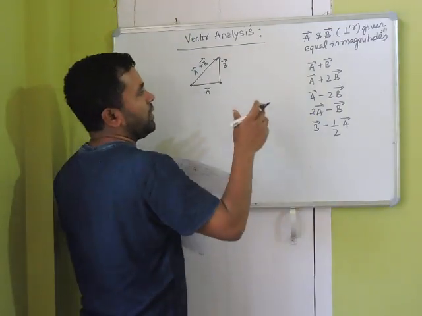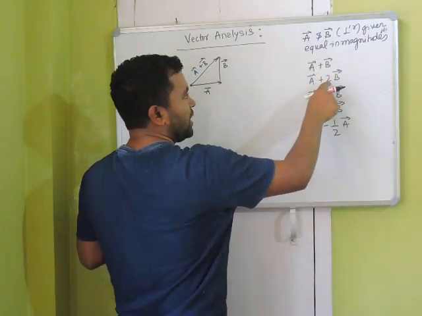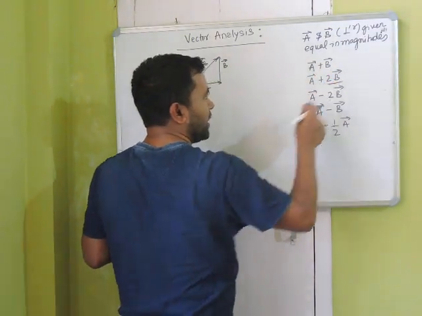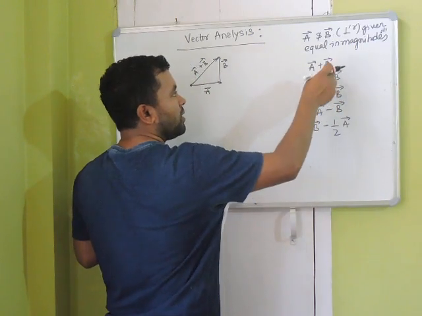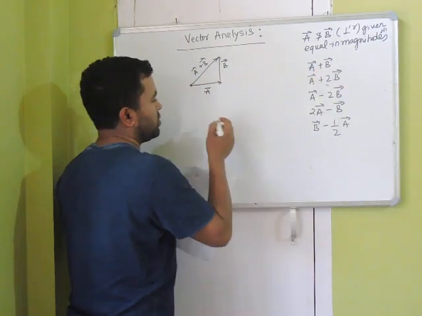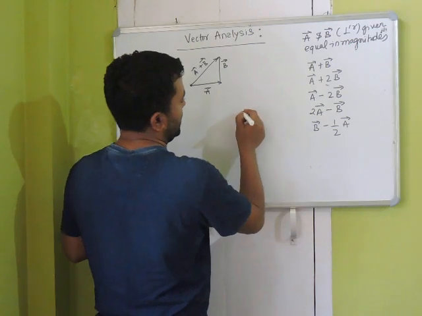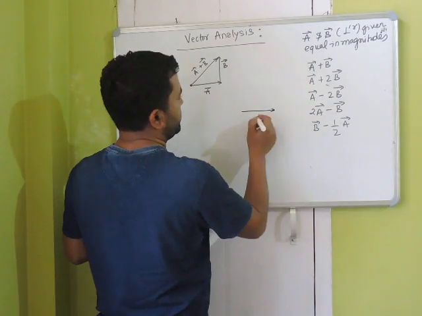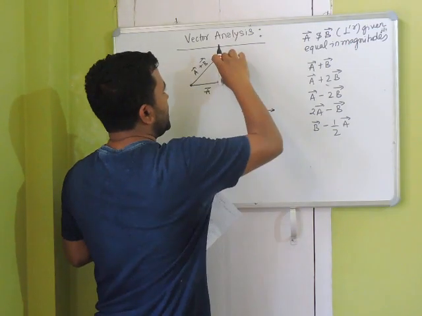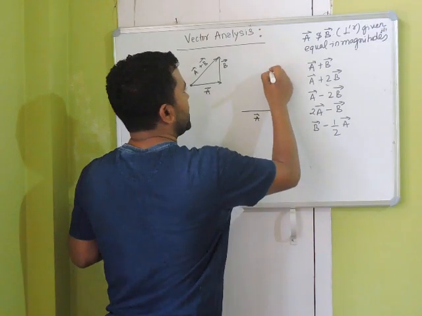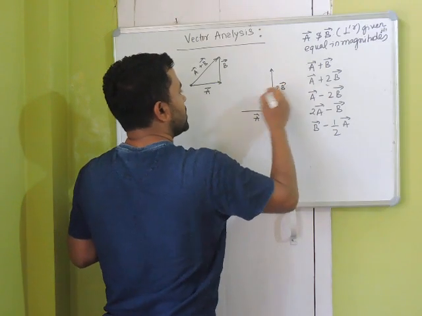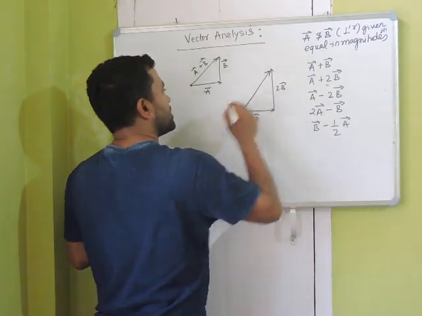If you multiply B with a scalar, then 2B will be a new vector which is double the length of B. So this will be my A vector. B is this, so twice B. So A plus 2B is this.